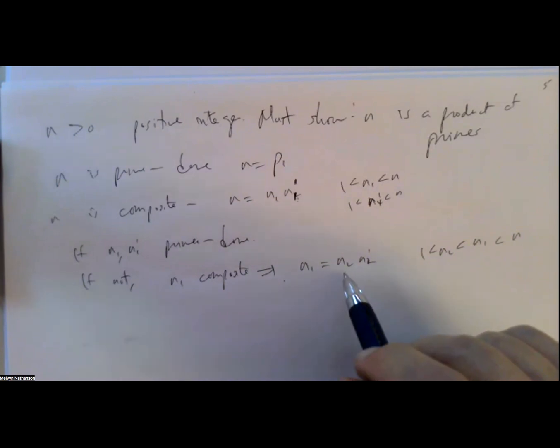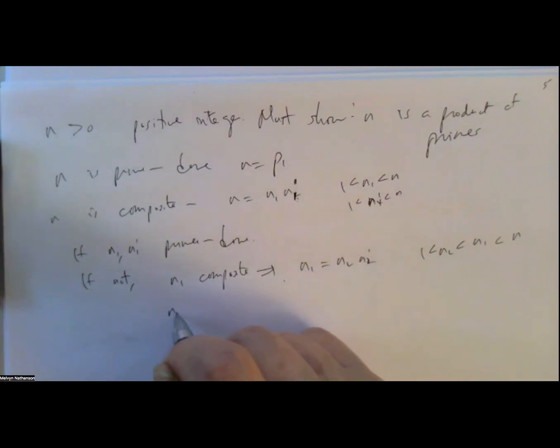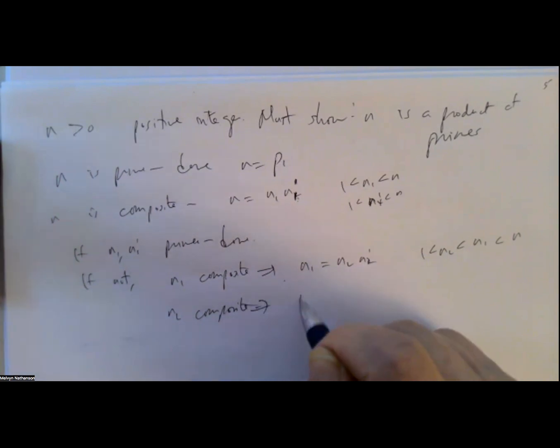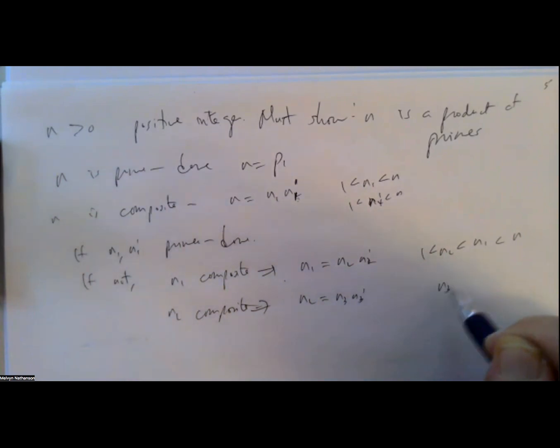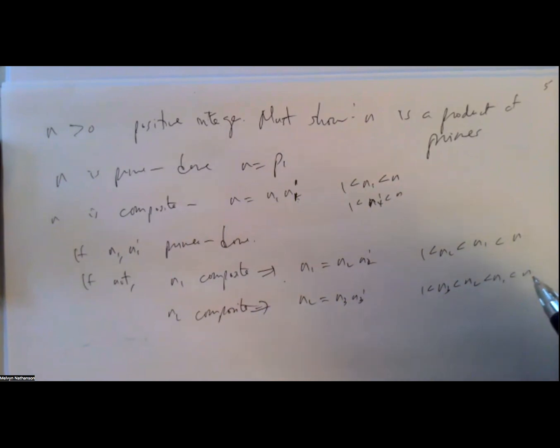But if one of these is composite, if n2 is composite, then n2 factors into n3 times n3 prime, where n3 is less than n2 and bigger than 1. But n2 was less than n1 and n1 was less than n.